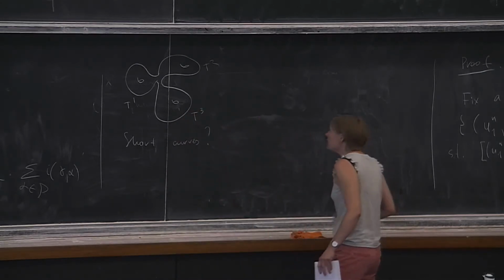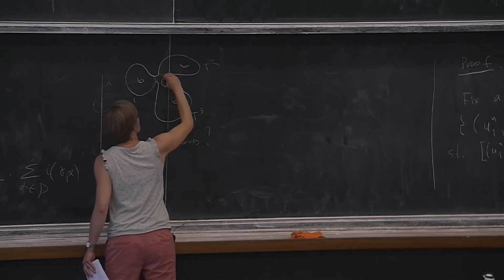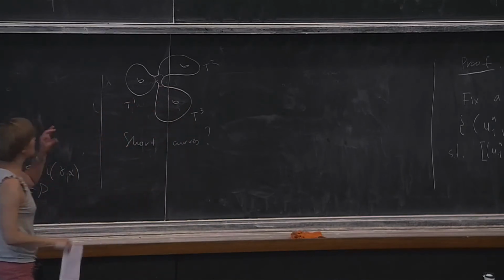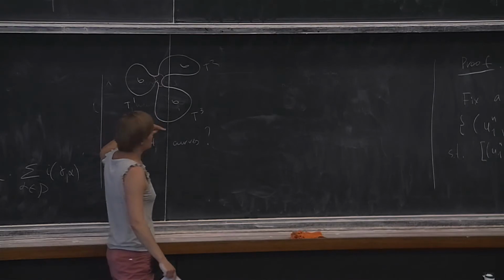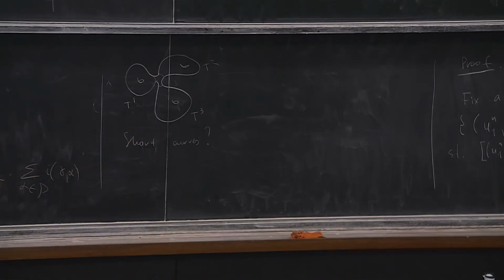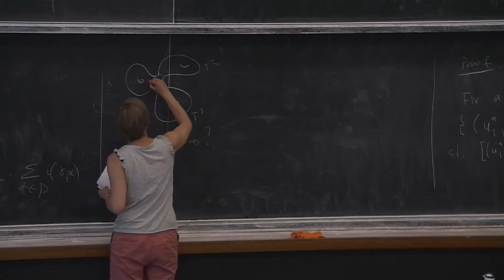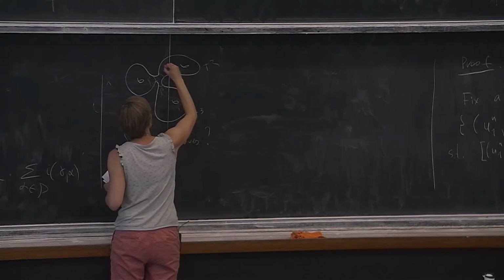So there are three curves, three dividing curves, which are homotopic to the union of some of the slits, yeah? So let's call them beta 1, this is beta 3, beta 2.